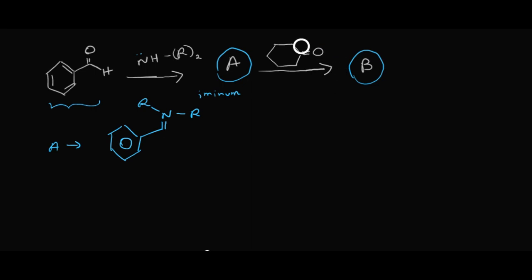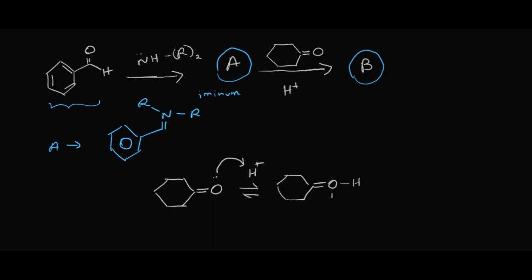In this case, I hope you know what's happening in the H plus medium, right? Here we have a group. In the H plus medium, this oxygen will attack the H plus, which will create an unstable cation like this. To neutralize this cation, one hydrogen from here will break out.